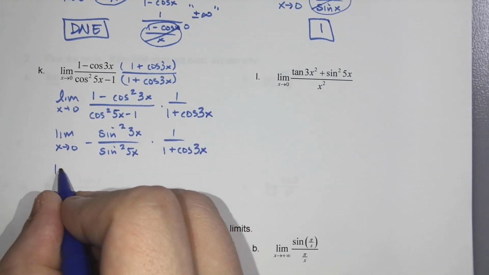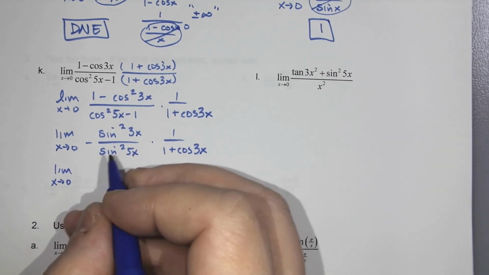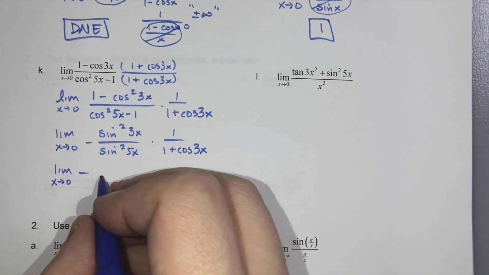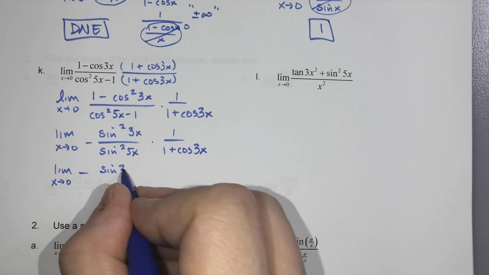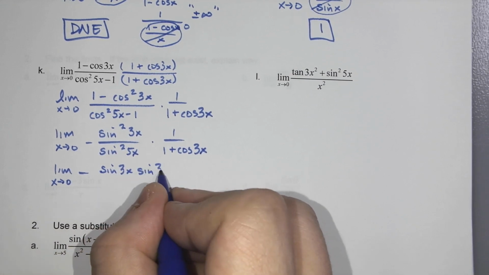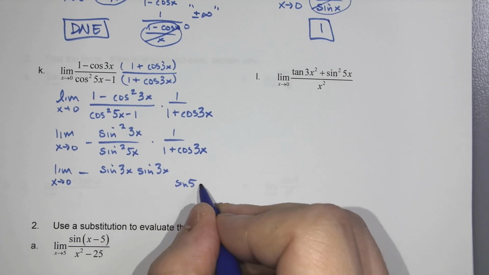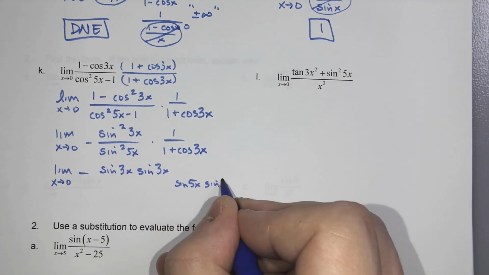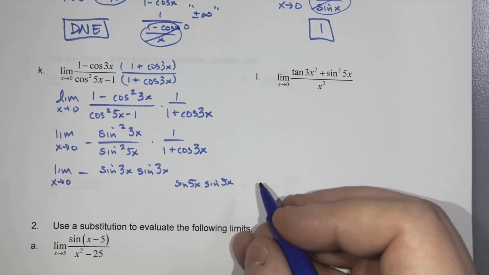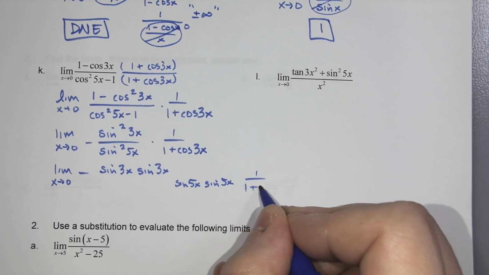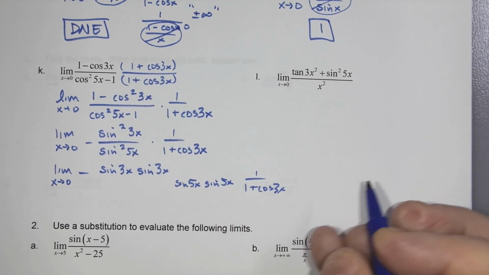Okay, now this is the limit as x approaches 0, negative sign, sine 3x, sine 3x, sine 5x, sine 5x, and then also the 1 over 1 plus cosine 3x.